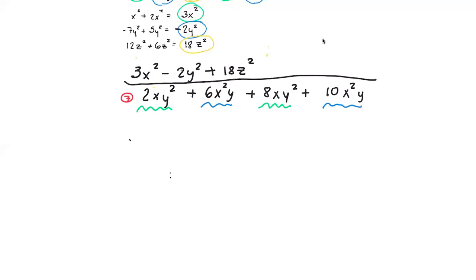So at the end, you're going to end up having 10xy to the second plus 16x to the second y. And that is how far you can go, because even though they seem very similar, they are very different. You cannot add them more.